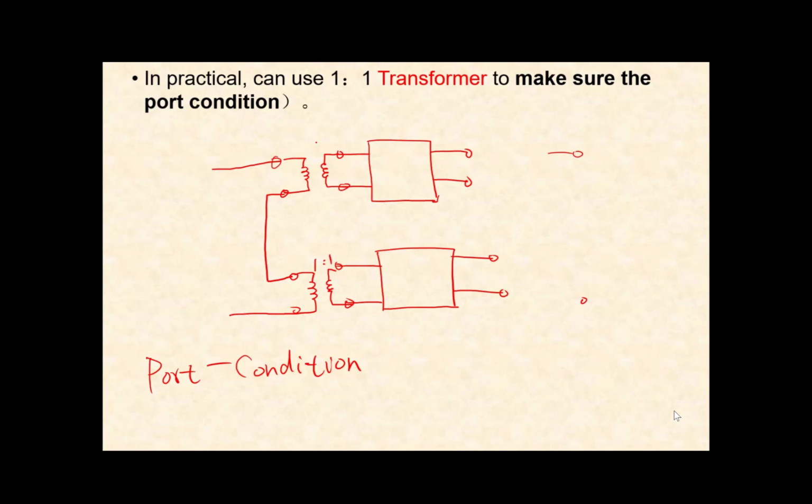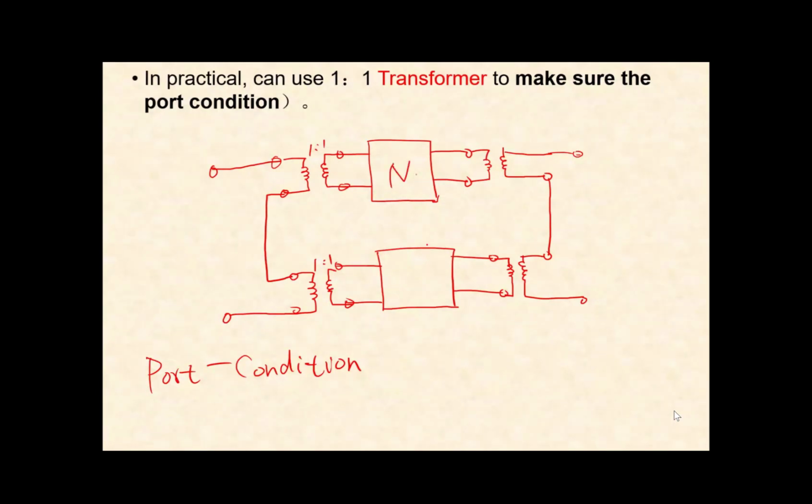Just one, and add a transformer here. So this is serial connect by transformer.